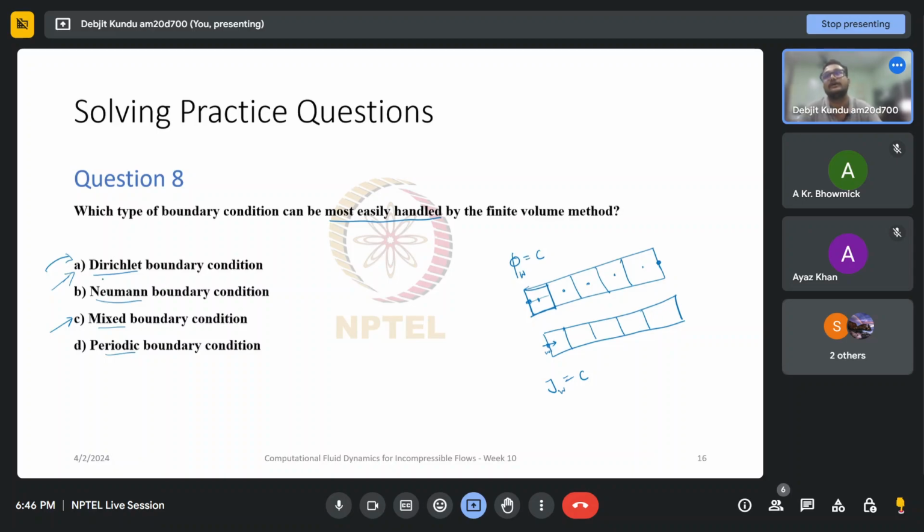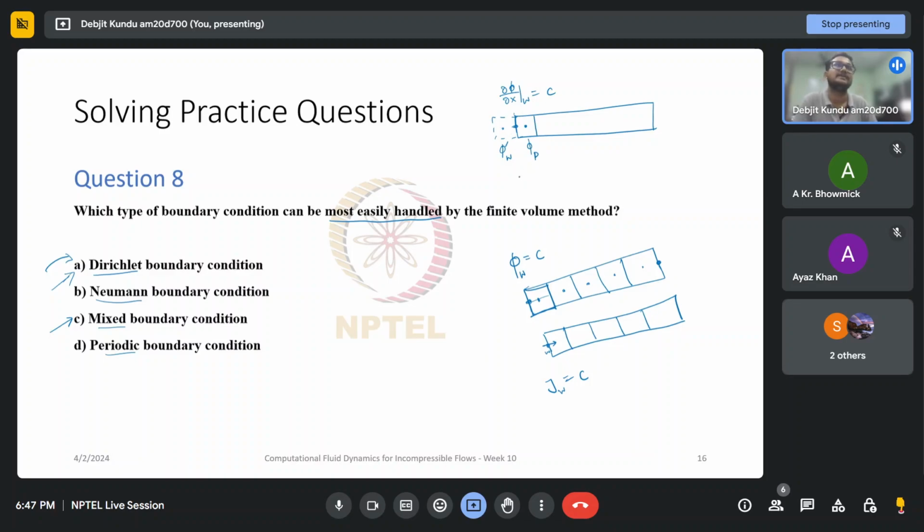Now, if I include a Neumann boundary condition, in which case I'm mentioning a gradient, I'm telling that dou phi dou x at W is some known constant. Now, this phi p is within my domain. To fix dou phi dou x, I would need to create another fictitious cell over here, which will have phi prime w, a fictitious value of phi in this ghost cell.